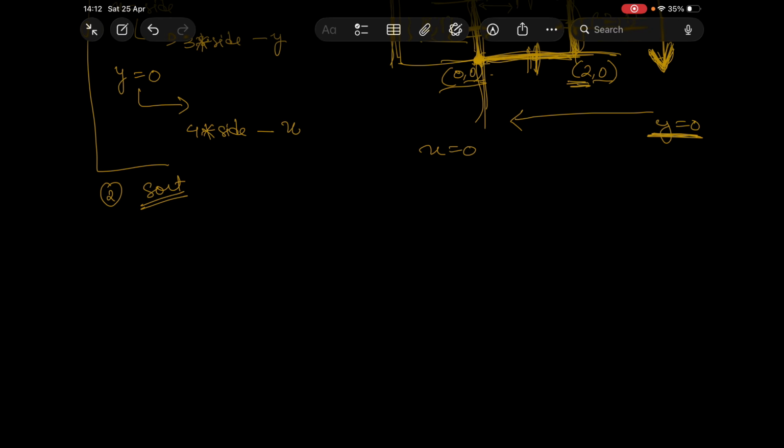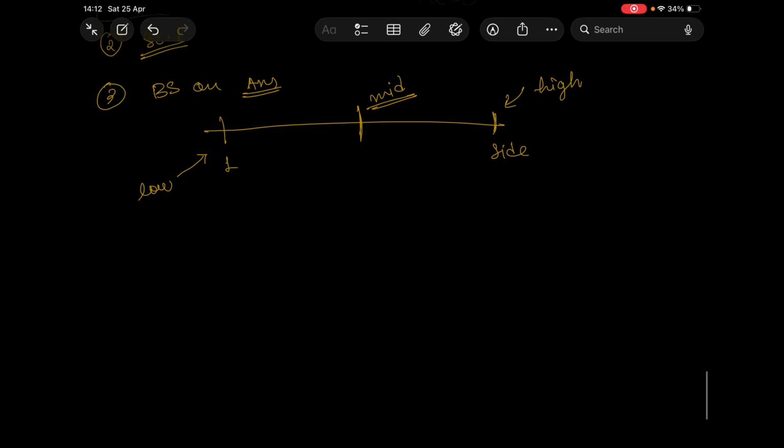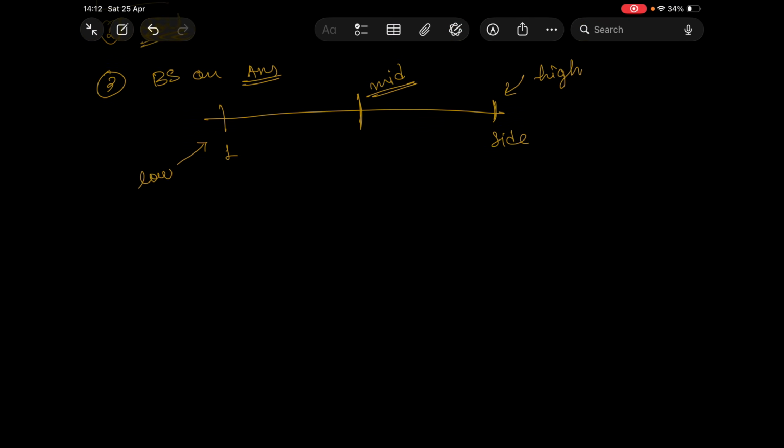Now third, we will apply binary search on answer. We know that our answer can lie from 1 till side, as I have derived above. So our low will be here, our high pointer would be here, and somewhere we will calculate this mid value. And here we need to pick k points, right?